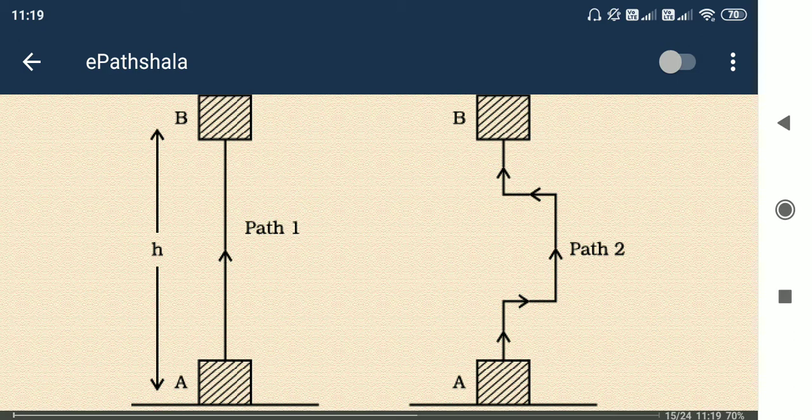Another aspect: in the second case, from place a, the body is taken in a straight line for a limited distance. After that it is moving horizontally. Fully horizontal means it is not doing work, because the force acting on the body is fully longitudinal.